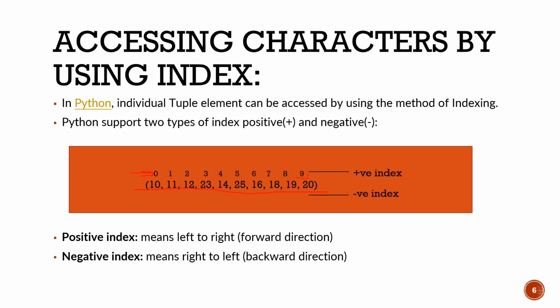So the last index for positive indexing is always the length, that is the number of elements present in my tuple, minus 1. So the last index is always len minus 1.